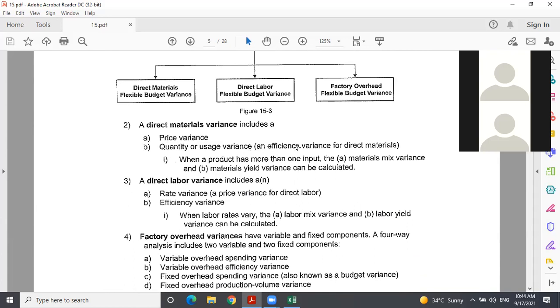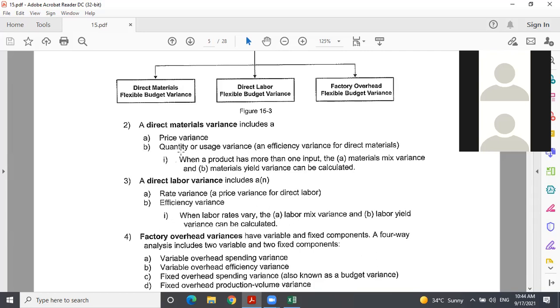Quantity variance arises because of inefficiency, and it can be divided by the input and the output. For example, if a product is manufactured with two commodities, usually if I put in 5 units of input, I get 1 unit of output.